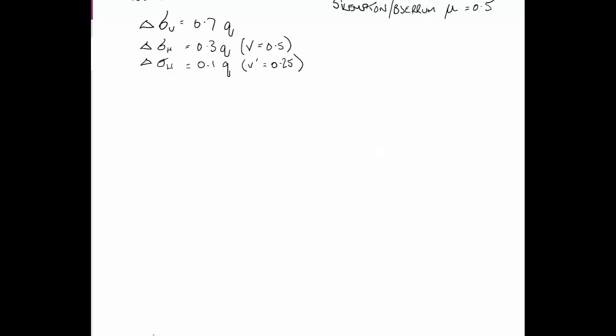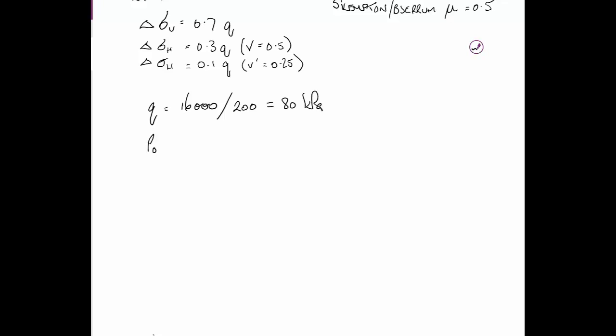Okay, we'll calculate Q first, the contact pressure, or the increase in pressure. We've got 16,000 kilonewtons divided by 200 square metres, the area of the raft. Pressure equals force on area, simple, equals 80 kPa.